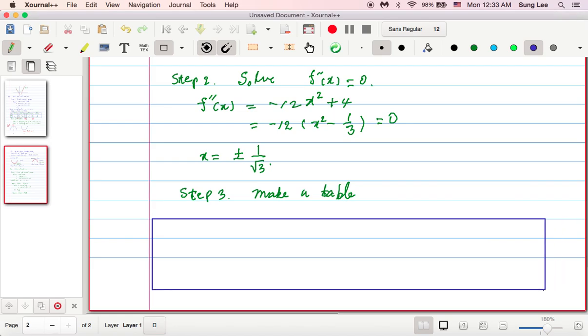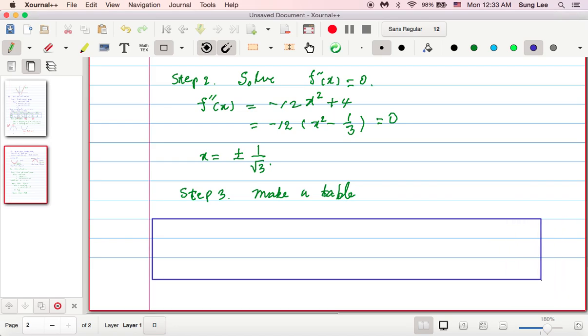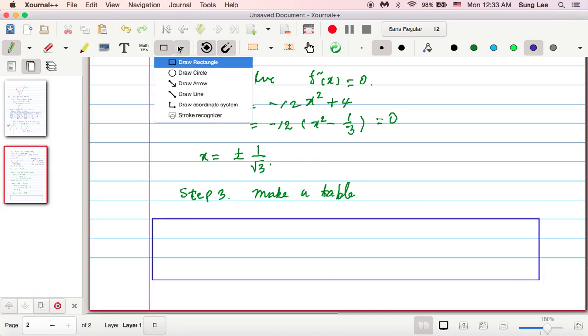So I'll be needing 3 rows again, right? We have 2 points that divide the entire real line. So in our case, we are going to need 6 columns.